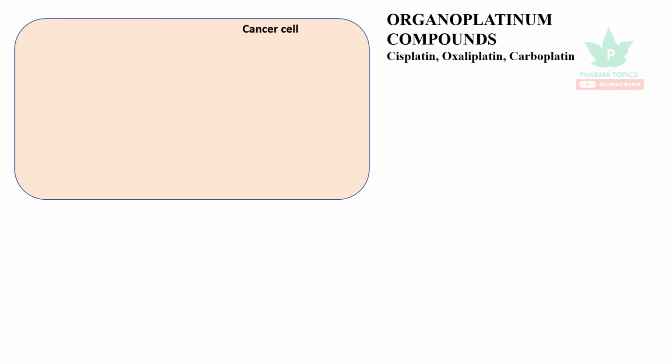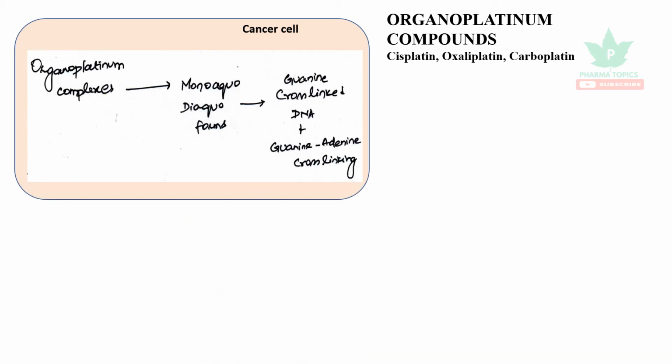The next important drugs are organoplatinum compounds: cisplatin, oxaliplatin, and carboplatin. Actually, they donate the platinum group, but they have a similar mechanism to alkylating agents, so they are studied under or grouped under alkylating agents.